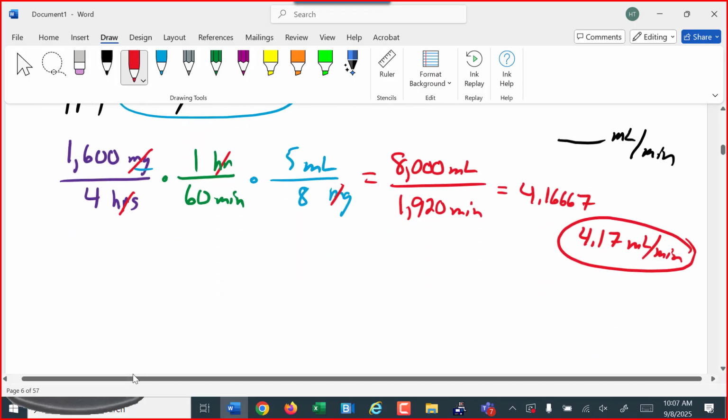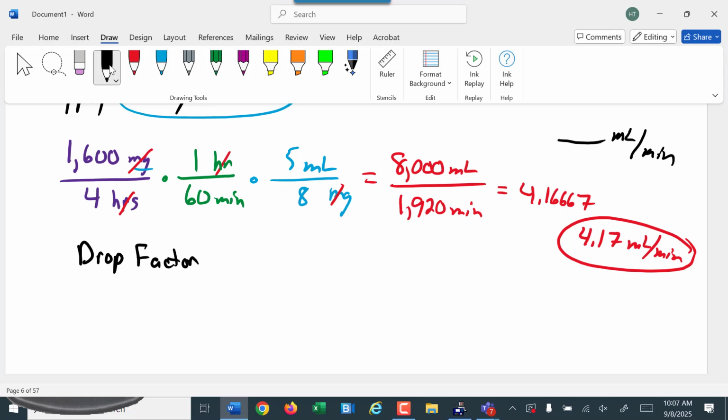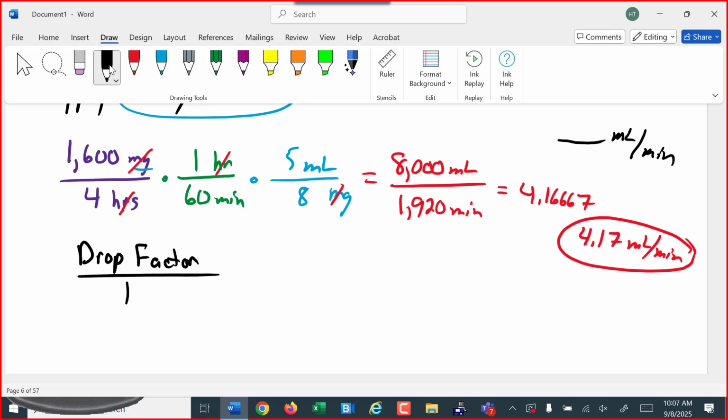Okay, good. So then the next step that we would add to that is a drop factor. A drop factor is saying how many drops of this fluid equals 1 milliliter of fluid.